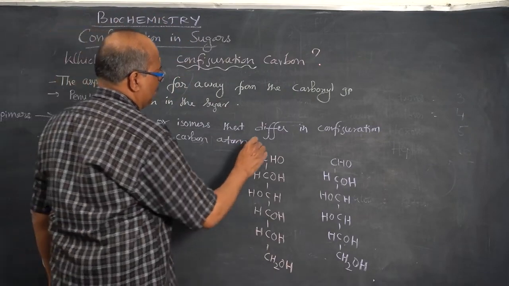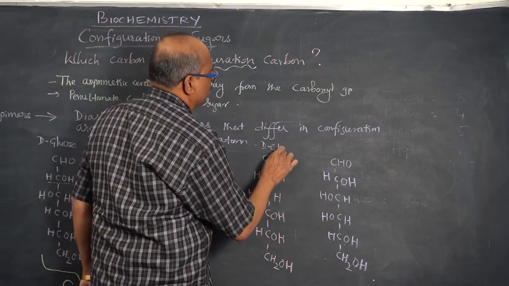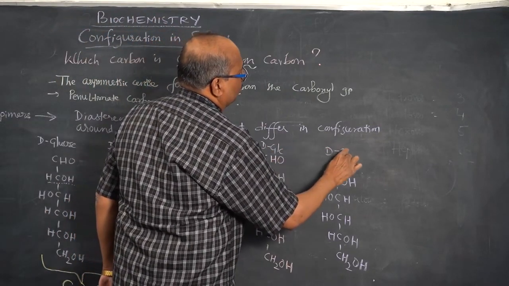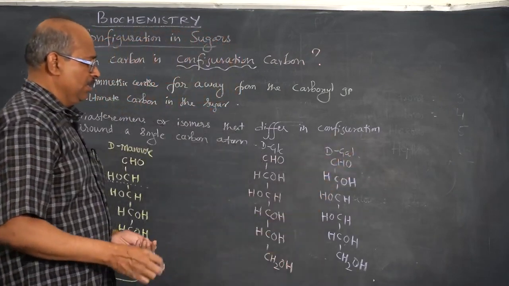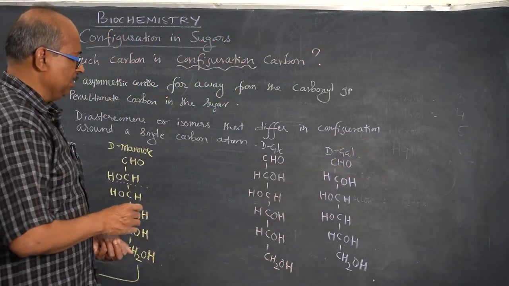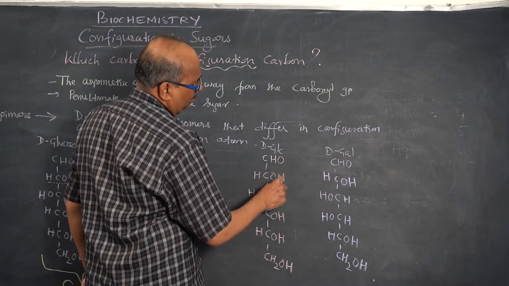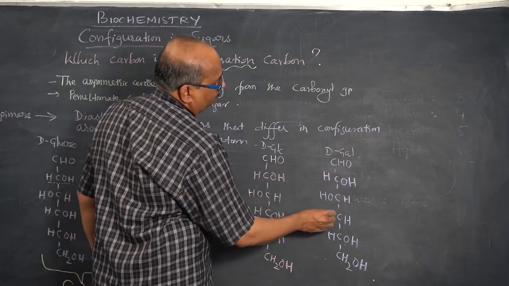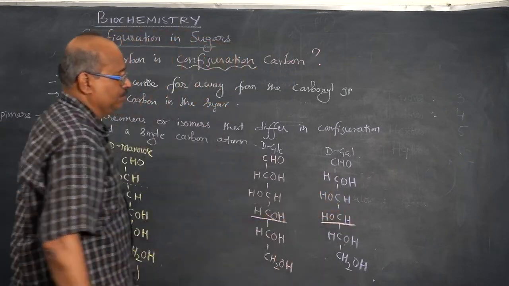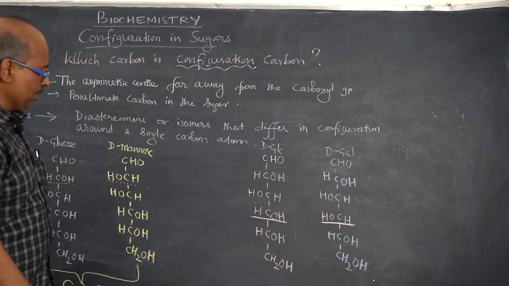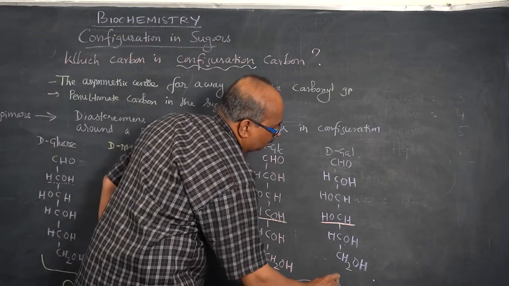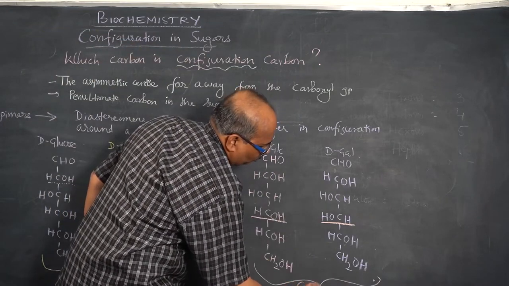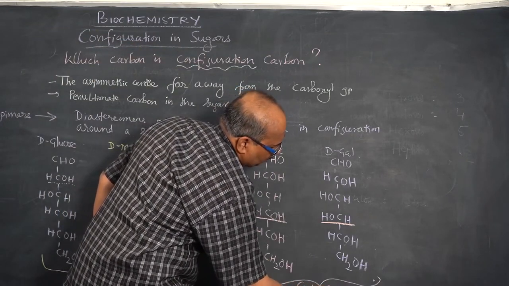So this is D-glucose, this is D-galactose. When you look, the difference is seen at 4th carbon. So these are C4 epimers.